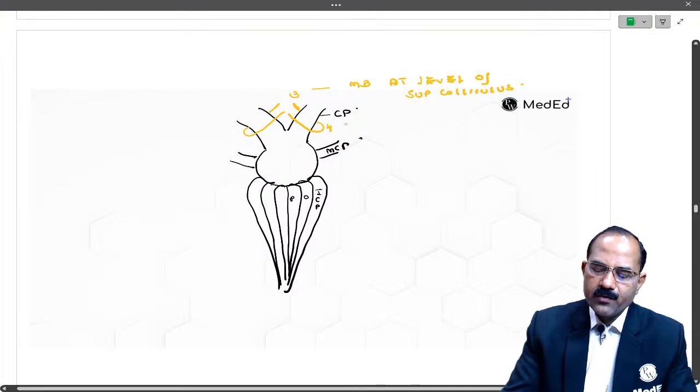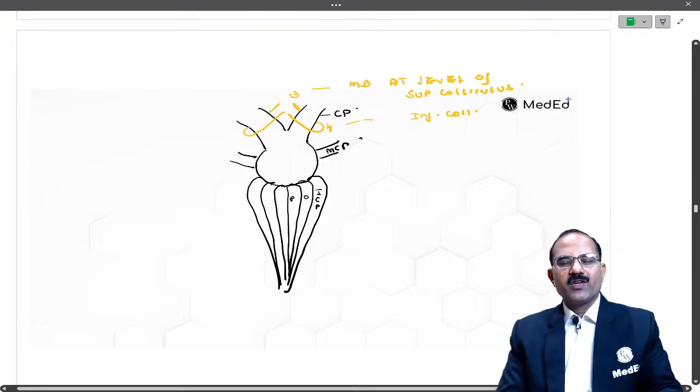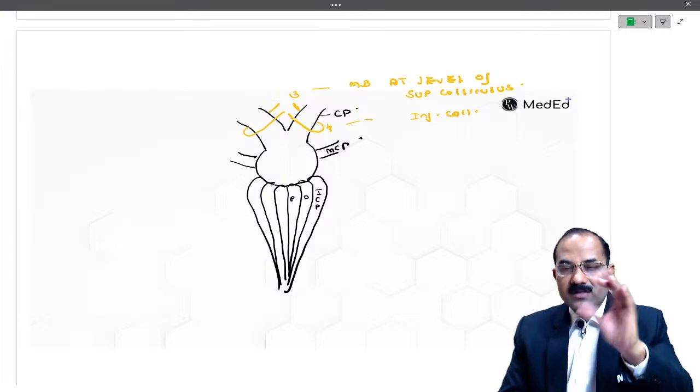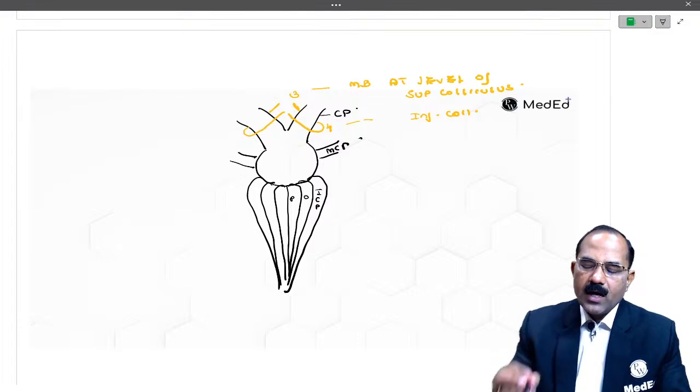And where is the nucleus of trochlear nerve located? It's in the midbrain at the level of inferior colliculus. Those sections of midbrain के, one at the level of superior, one at the level of inferior colliculus. At the level of superior colliculus, you also get a big nucleus जिसका नाम है red nucleus. Red nucleus.